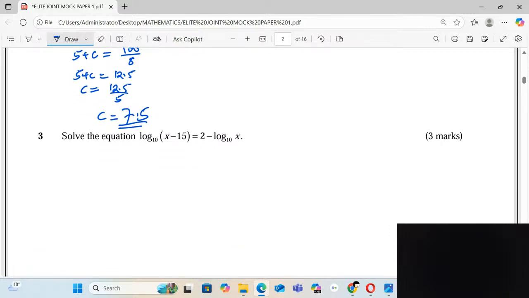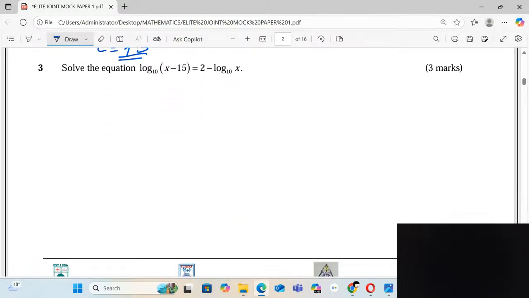Straight to question number 3. Solve the equation log base 10 of x minus 15 is equal to 2 minus log base 10 of x.